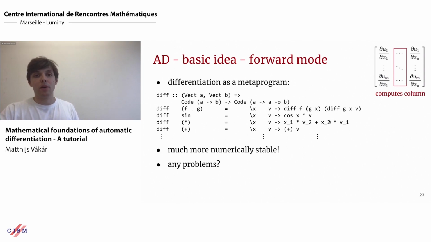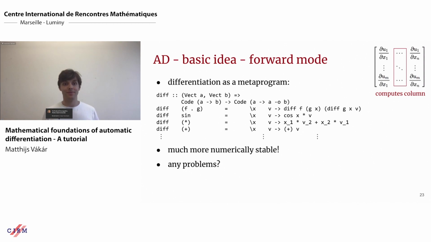Does anyone see any problems with this bit of code? Prakash says it's restricted to known functions. Absolutely, you've got an awful lot of cases in there. Yeah, that's true, and that's very annoying, but that turns out to be fundamental to automatic differentiation.